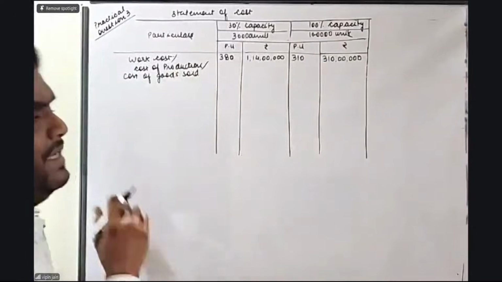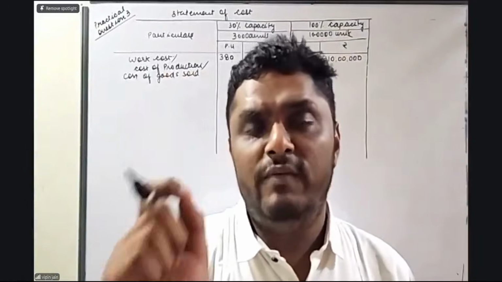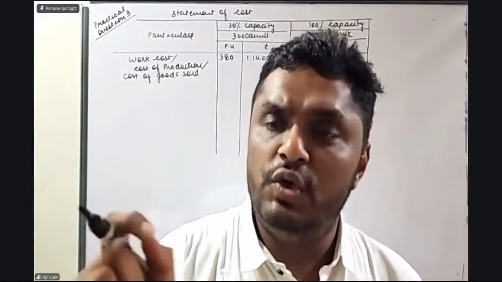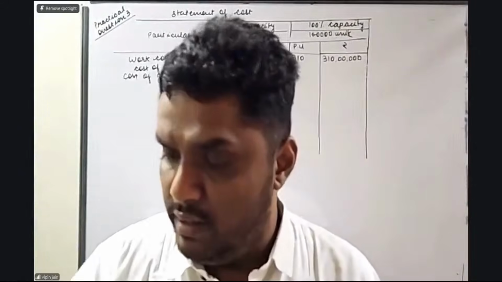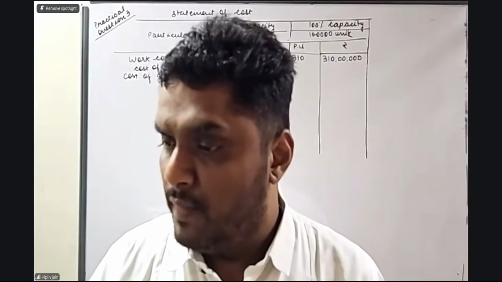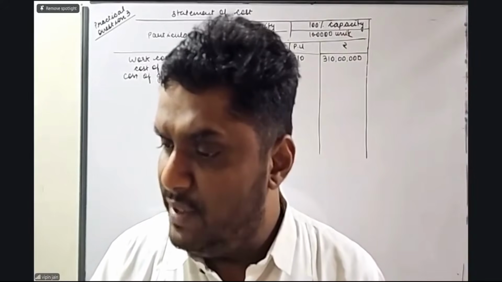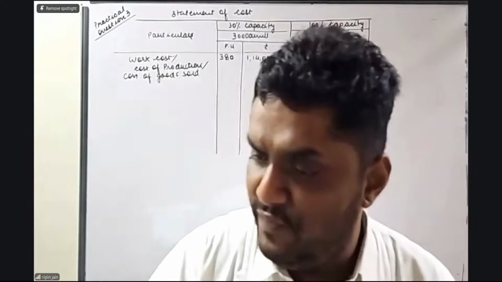So now, this is my cost of goods sold, in which we will add all the general administration overhead and selling and distribution overhead. Let's start with administration overhead. General fixed administration overheads are given, that is 1,50,000.